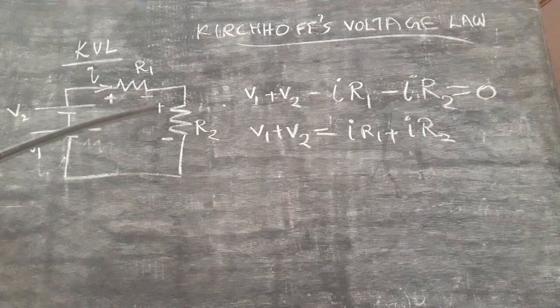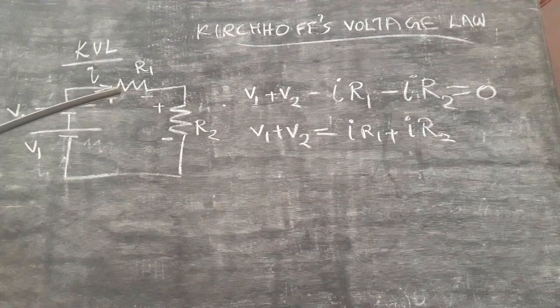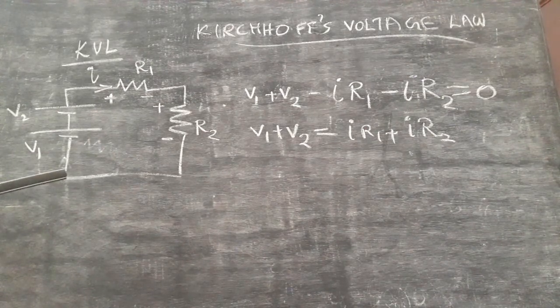These resistors receive or consume energy from the sources. Therefore, as per KVL, the supplied EMF is equal to the drop in the elements, or the algebraic sum of voltages in a loop is equal to 0.